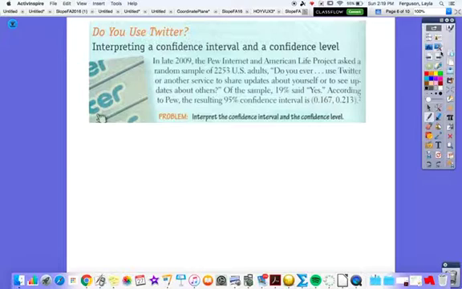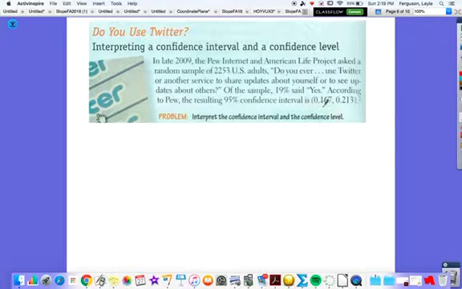According to Pew, the resulting 95% confidence interval is between 0.167 and 0.213. So what we need to do is interpret the confidence interval and the confidence level. We'll start with the confidence interval.